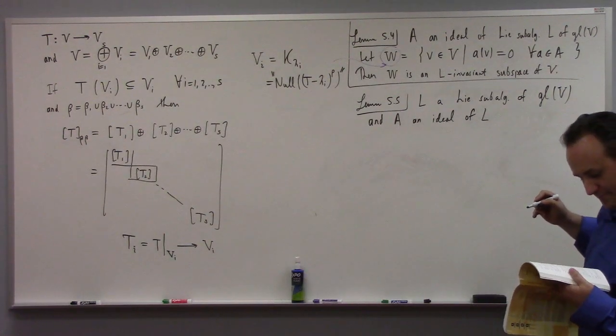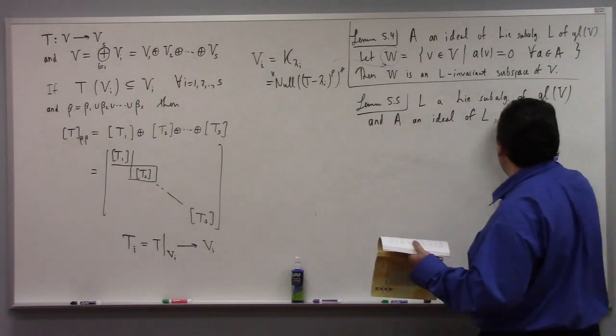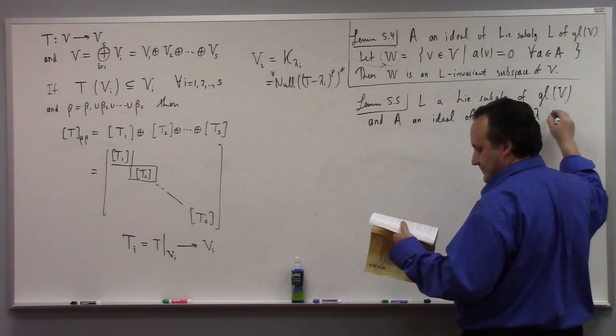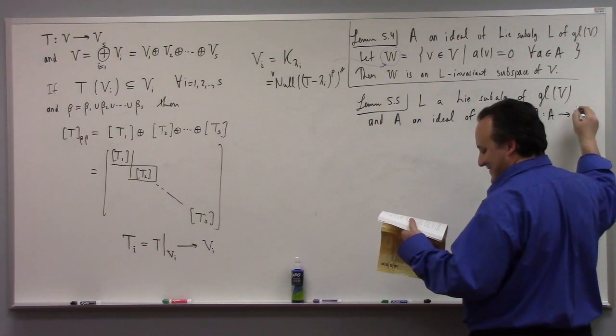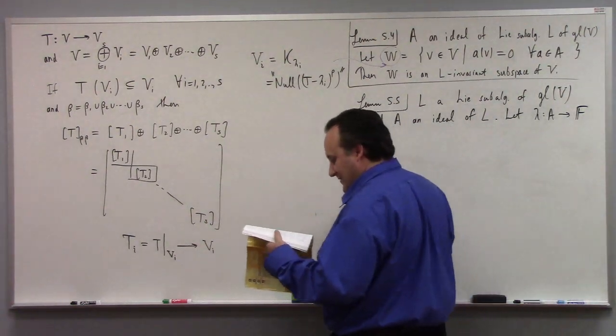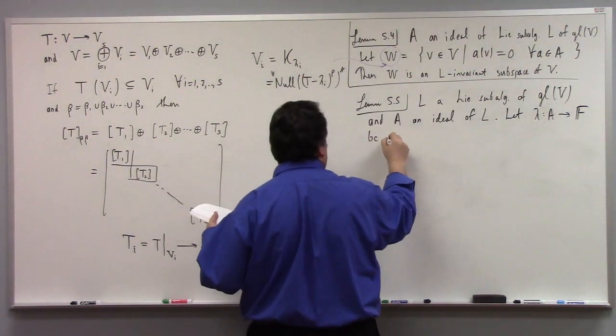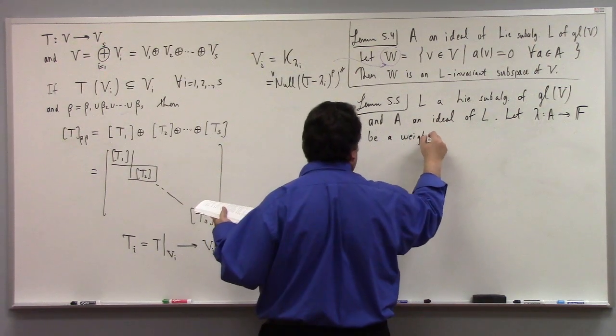L a Lie subalgebra of GL(V) and A an ideal of L. Then let lambda be a weight of A. What does that mean? I think we've done enough that we have some appreciation for that.